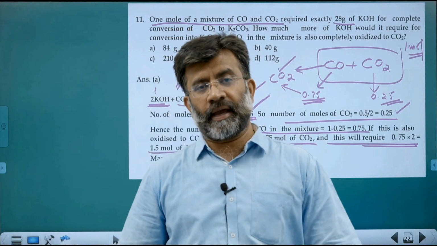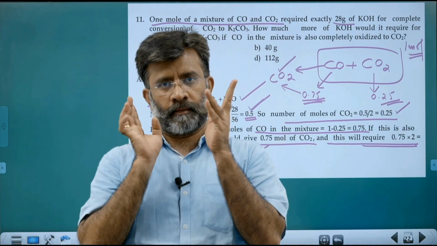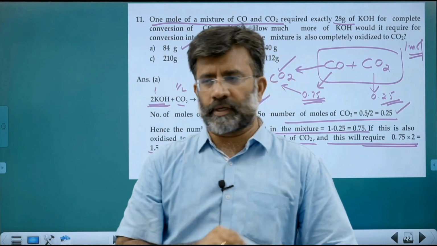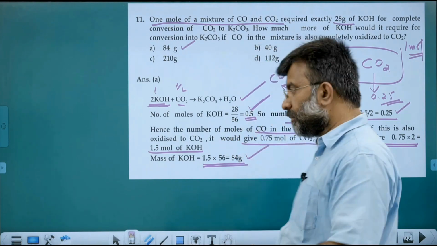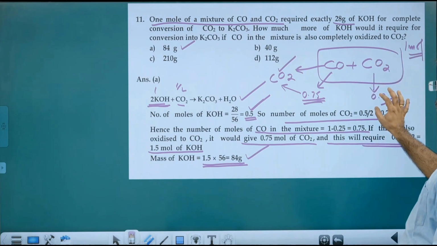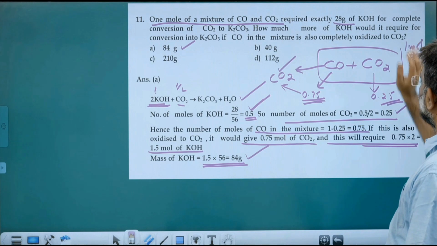So initially we had a 1 mole mixture of CO and CO2. To remove that CO2, the quantity of KOH required is 0.5 mole. That means CO2 will be half of that, 0.25 mole. So CO2 is 0.25, therefore CO is 0.75 because the total is 1 mole.